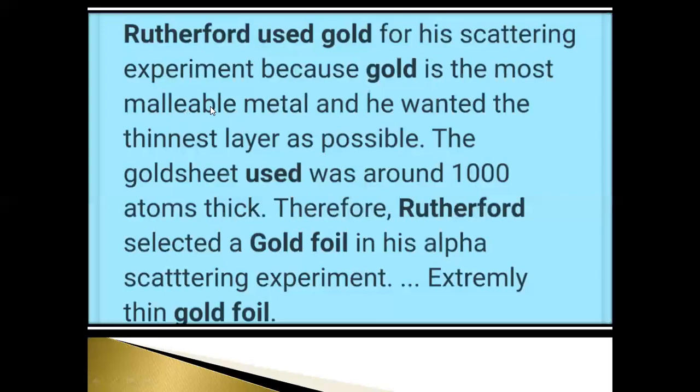This malleability means that it is soft and we can turn gold into the thinnest sheet. So he used a malleable metal and he wanted the thinnest layer possible. The gold foil he used was around 1,000 atoms thick. Although he took the thinnest sheet, that thin sheet still contained thousands of atoms. Therefore, Rutherford selected a gold foil in his alpha scattering experiment.